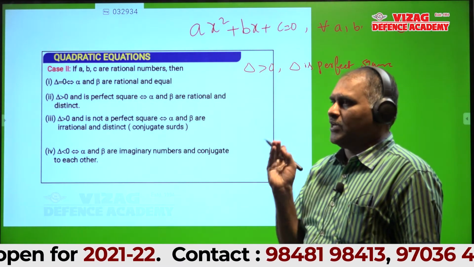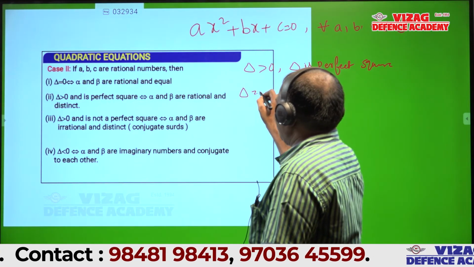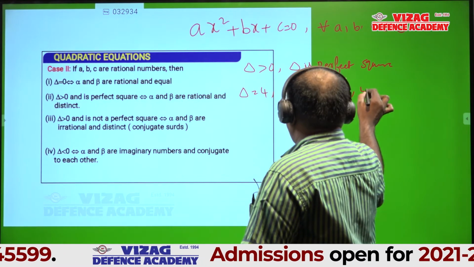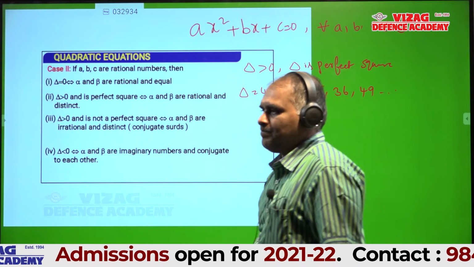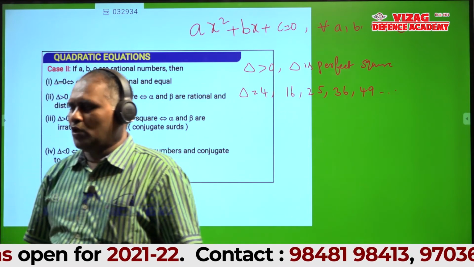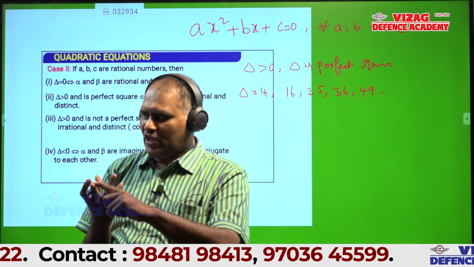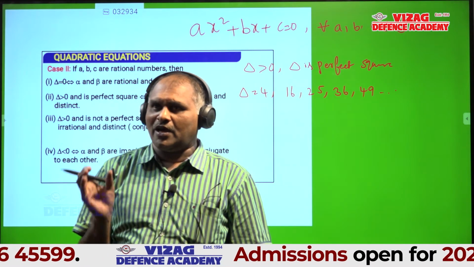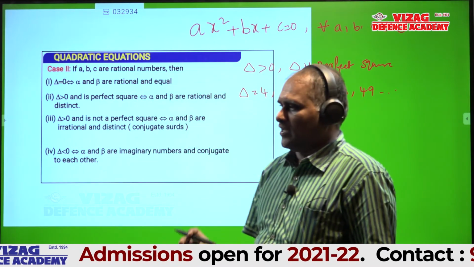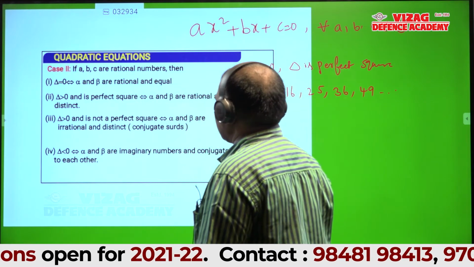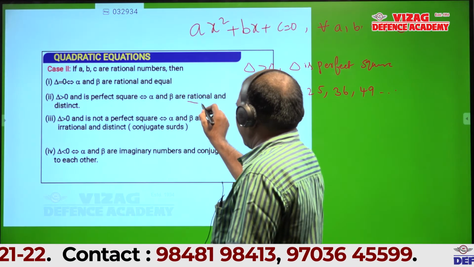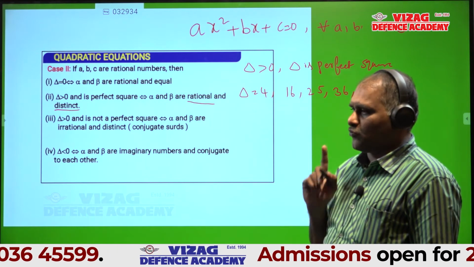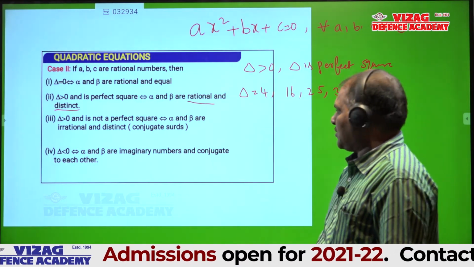Perfect square means the delta value is either 4, 16, 25, 36, 49, etc. Delta is a perfect square. What are the roots? The roots are rational and distinct. The roots are real, rational and distinct.